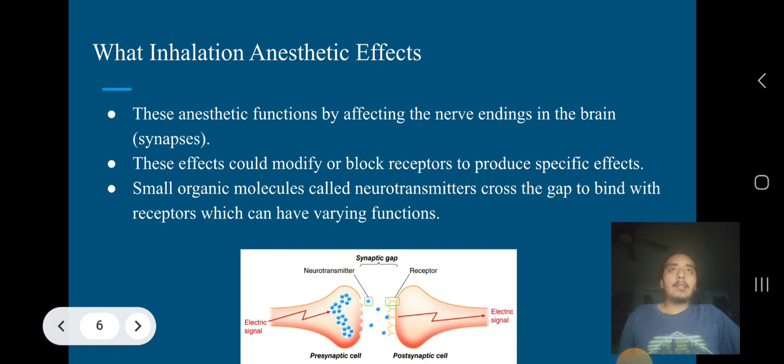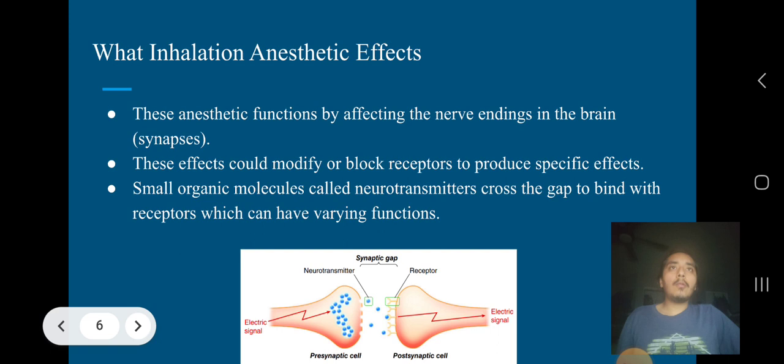These anesthetics cause their effects by modifying the nerve endings in the brain called synapses in some shape or form. When an electrical signal is sent from a cell, neurotransmitters are released from one end of the synaptic gap to the other until they reach and bind to a receptor, creating another electric signal in the synaptic cell.